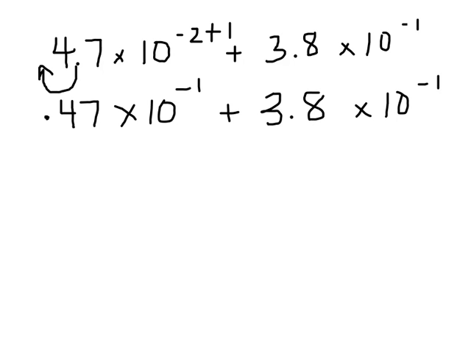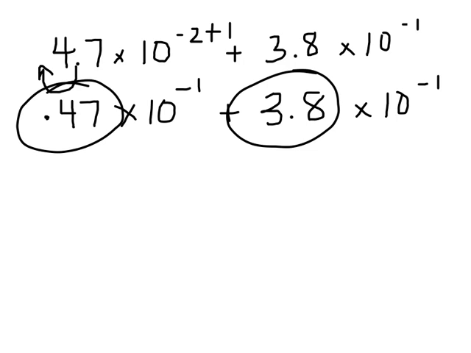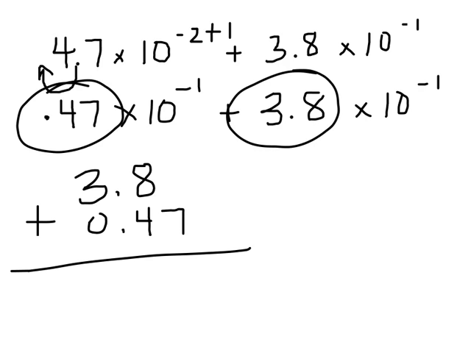Now that my exponents are the same, I can just add my coefficients, and I get 4.27 times 10 to the negative 1.